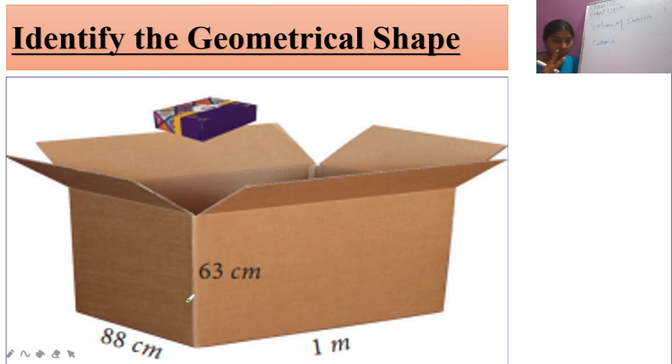There are two objects in front: one is in the form of a carton and the other is in the form of a small box, right? Very good students. Any other thing you have noticed in this image? Yes, very good. The measurements of the carton are given in front of you, right? Length, breadth and height, right students?